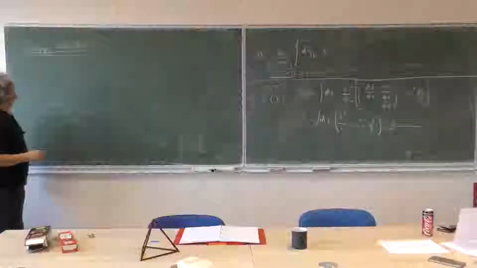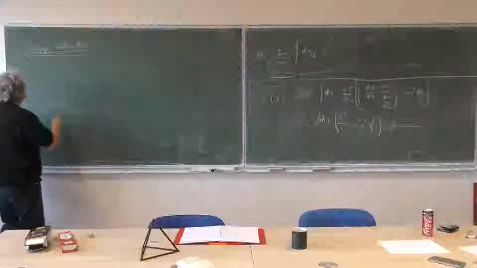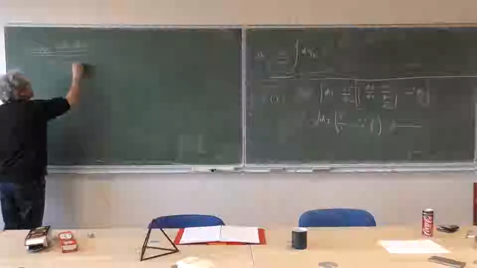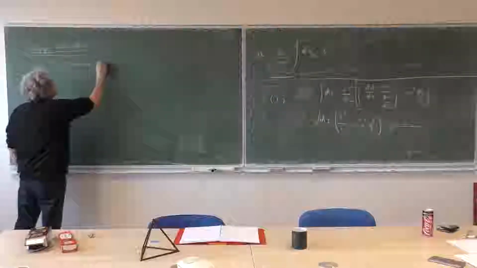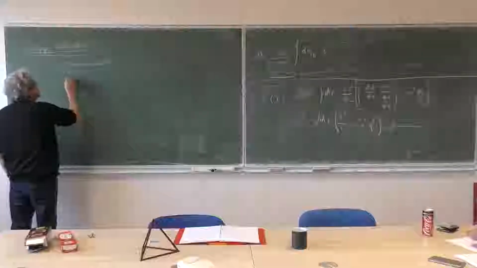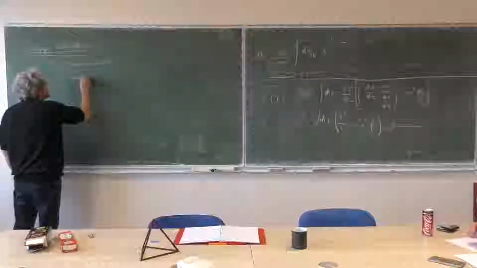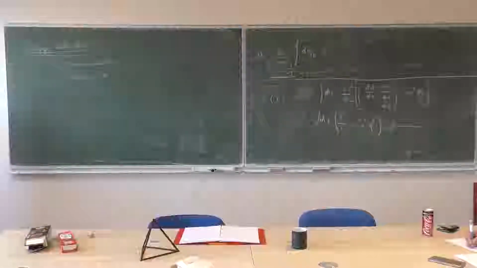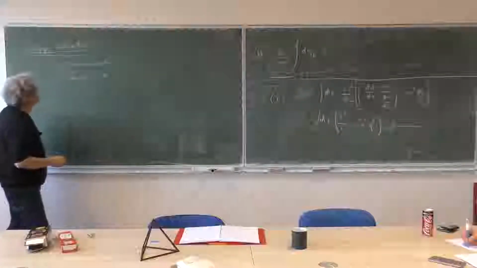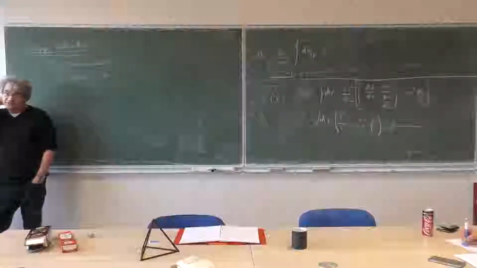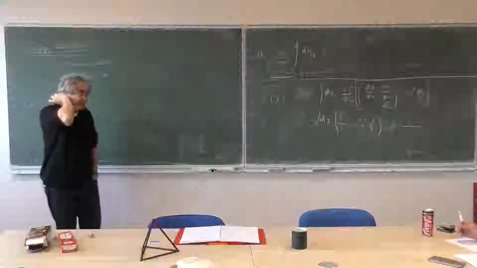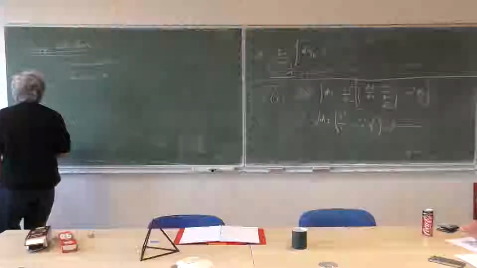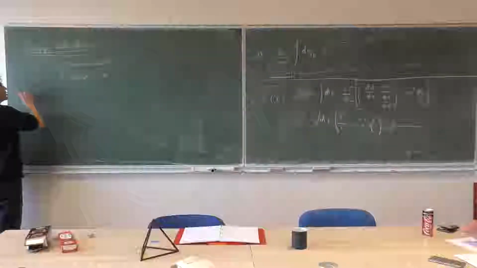So what Regge did is, his idea was to take a Riemannian manifold and truncate it, discretize it, and in terms of the discretization, write the Einstein-Hilbert action, or write the Einstein equations in terms of the discretized variables.